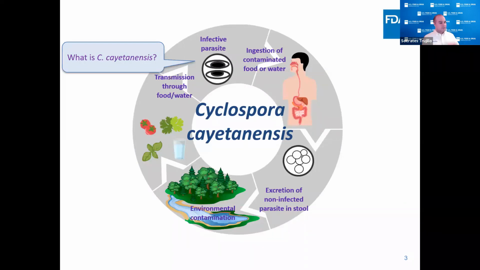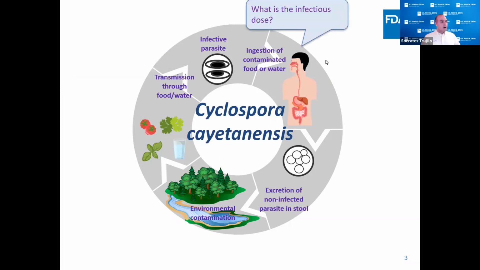Again, this is a parasite. Cyclospora cayetanensis was associated with international travel, or with the consumption of produce that was not grown in the United States. However, this organism produces a disease called Cyclosporiasis, and we are still learning a lot about this parasite.